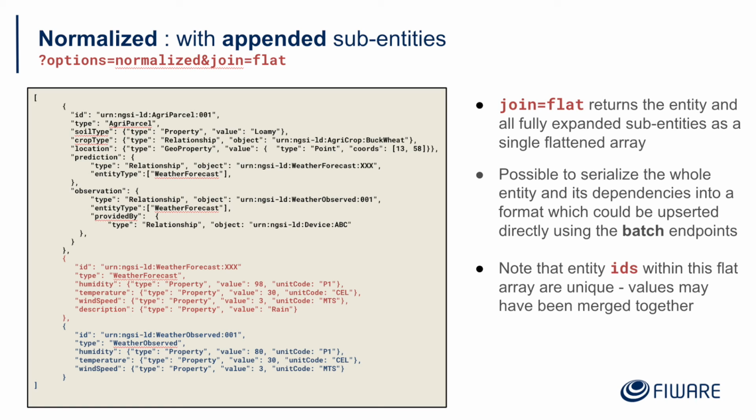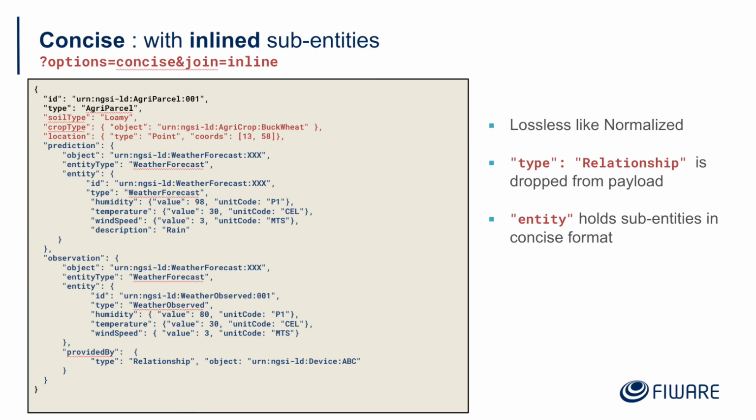It's not just normalized format as you'd expect. You would be able to use this for concise as well. In the case of concise, you just drop the use of type equals relationship, type equals property, type equals whatever. It is sufficient for this response that you've got an object, and the object obviously has got an entity type and entity as if it's metadata.